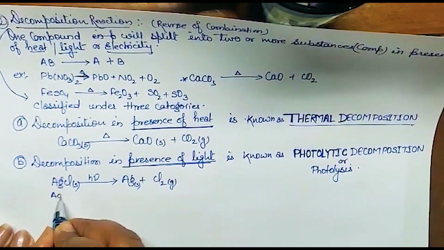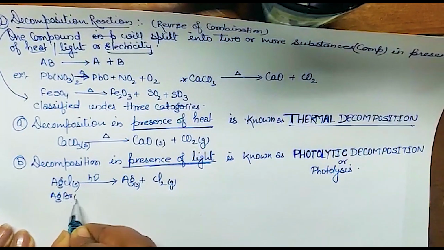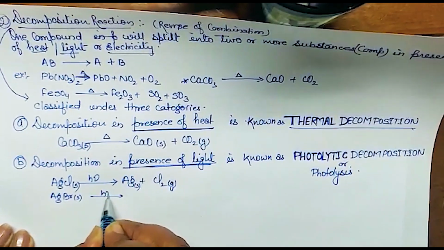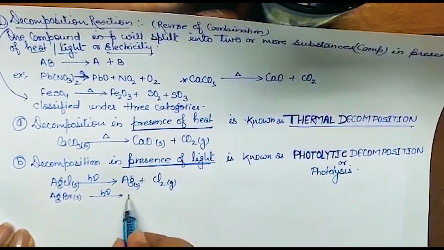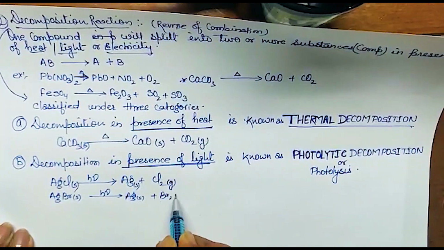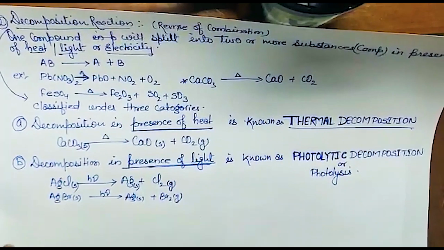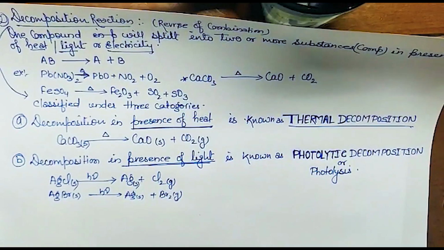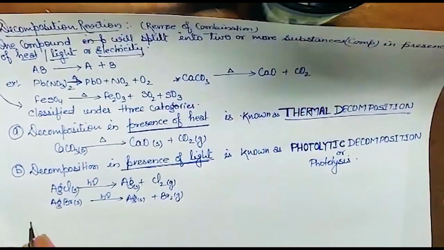Similarly, we can do AgBr also. AgBr solid in presence of h nu, h nu means light, okay? This gives Ag solid and Br2 gas. So this is decomposition in presence of light.